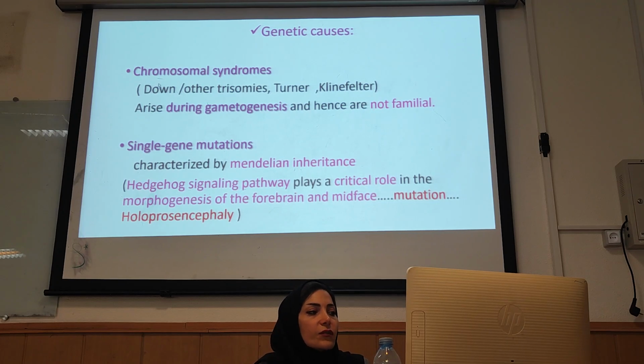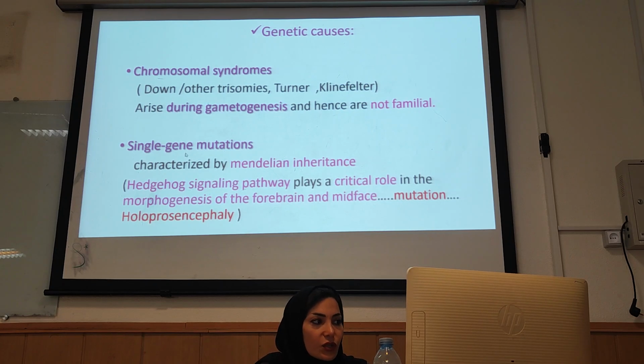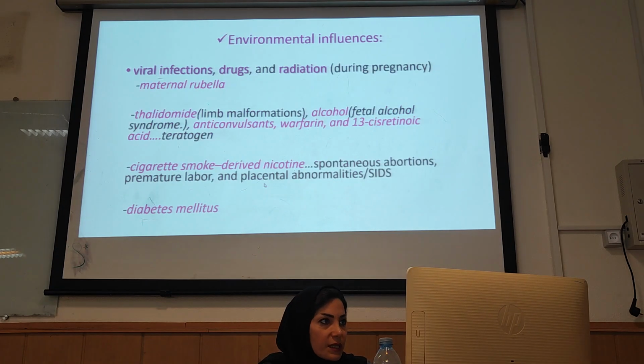Genetic causes, for example, chromosomal syndromes such as Down, Turner, Klinefelter, all of them may be present during gametogenesis and hence are not familial. And the other feature of genetic causes, such as single gene mutations, may be present.